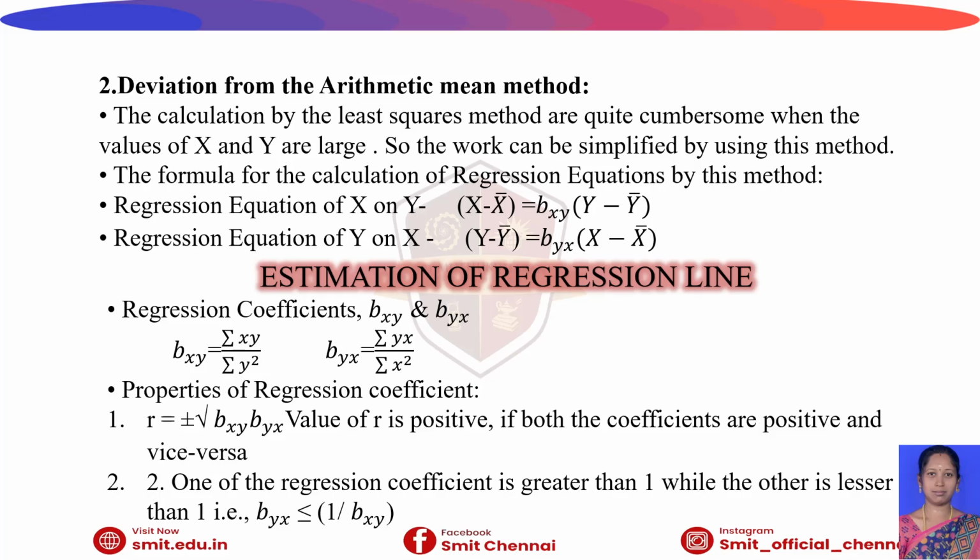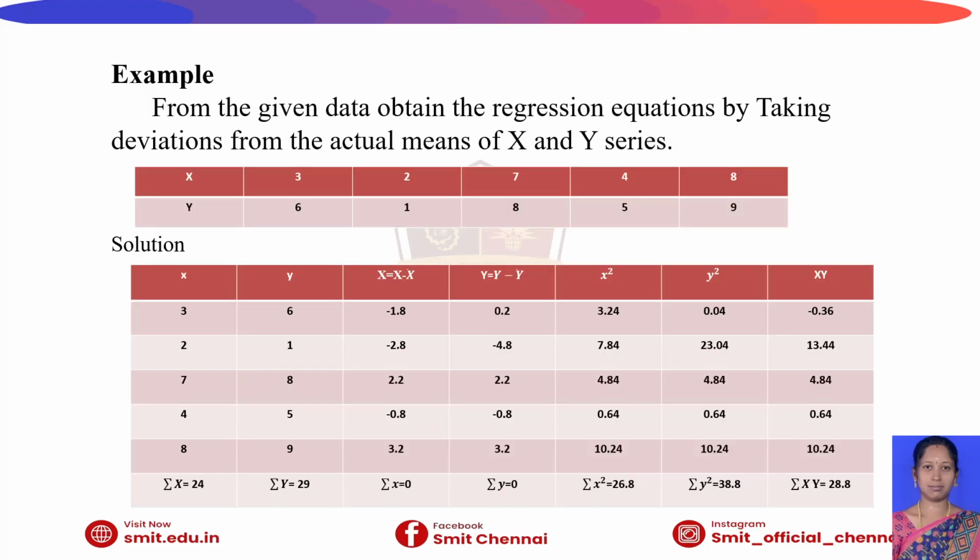The value of r is positive if both the coefficients are positive and vice versa. It will be different, positive or negative. One of the regression coefficients is greater than 1 while the other is less than 1. Therefore, we get b of yx less than or equal to 1 by b of xy.